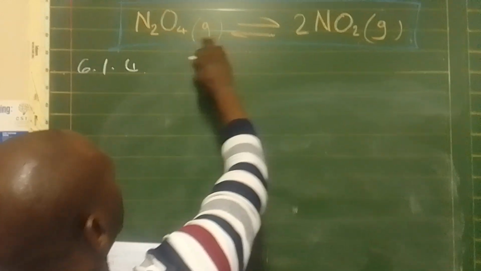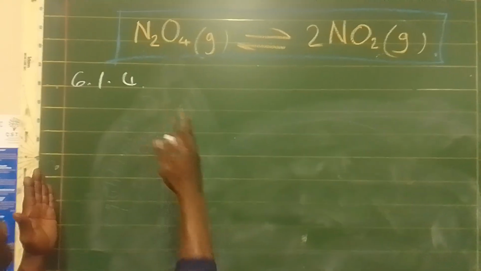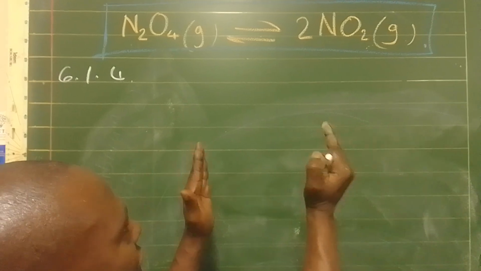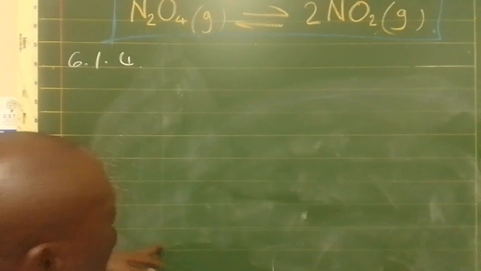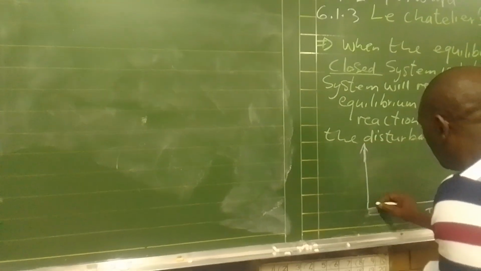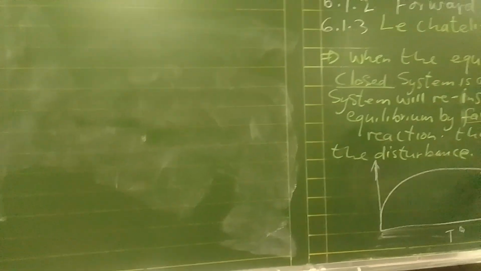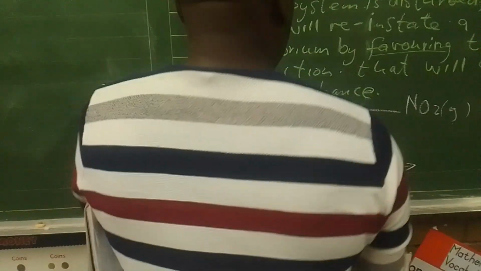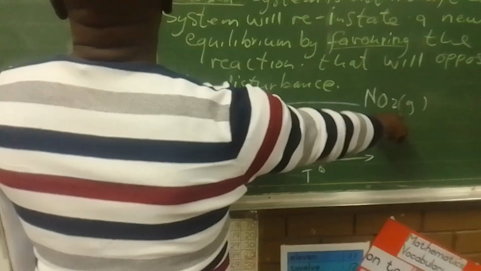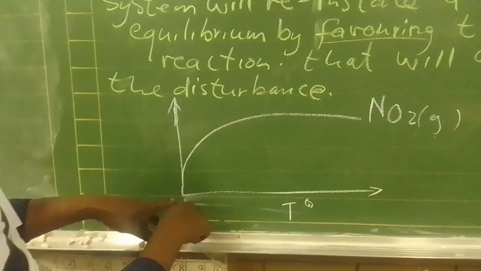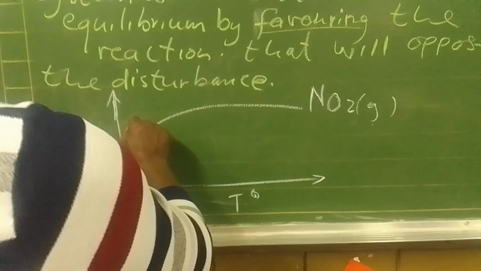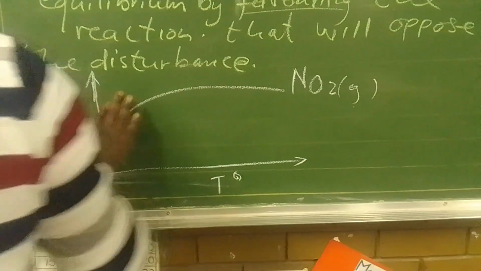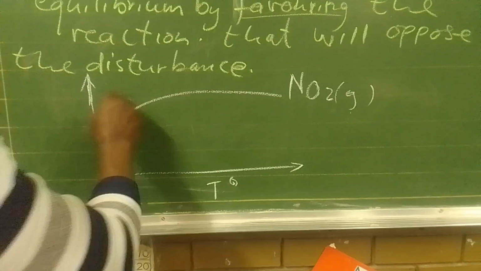As you can see here, once you put this inside the beaker, according to the graph you need a certain temperature to reach the products. Initially, we have N2O4.